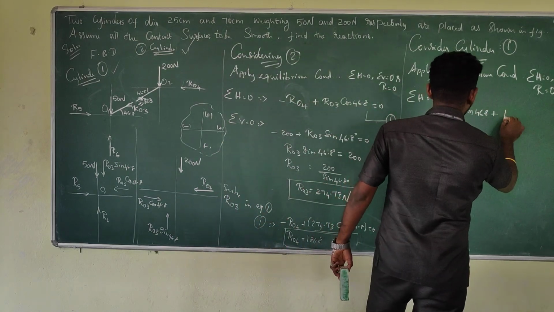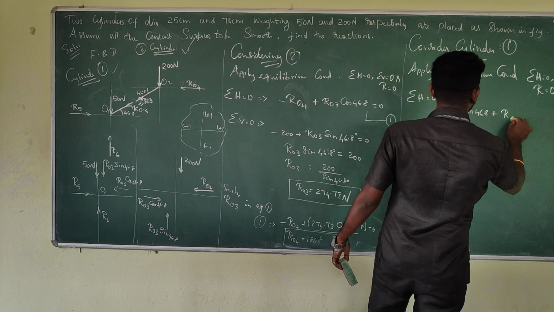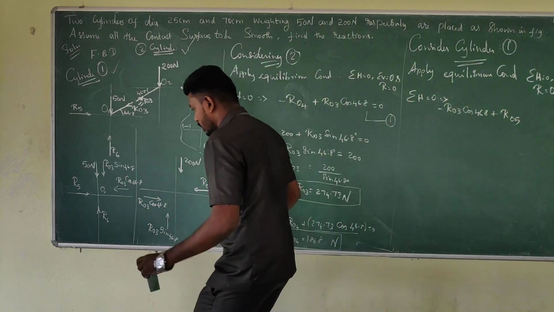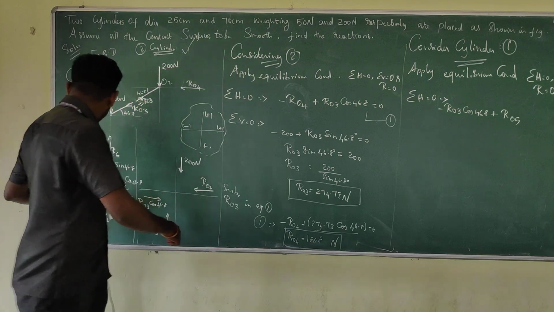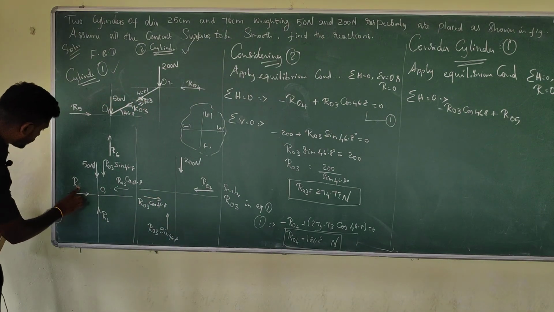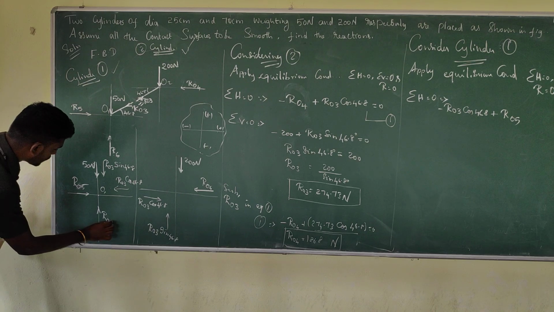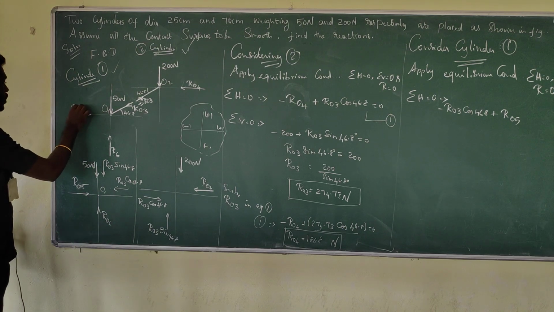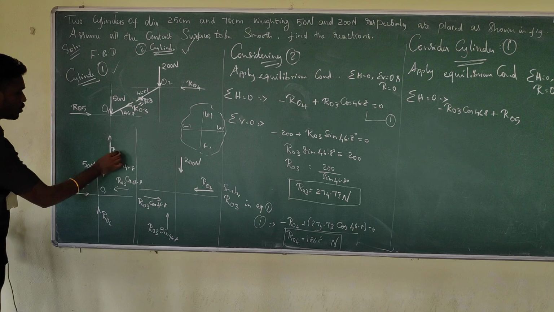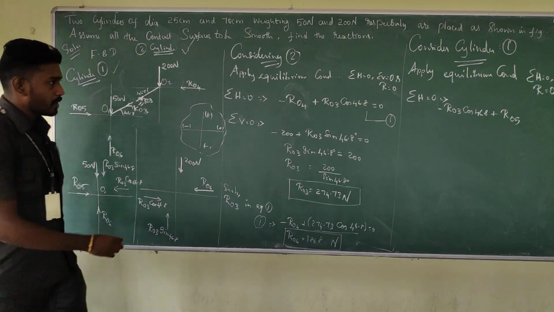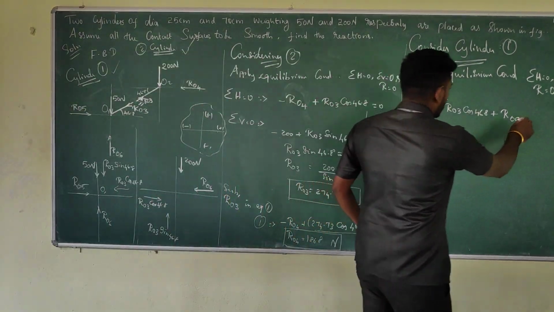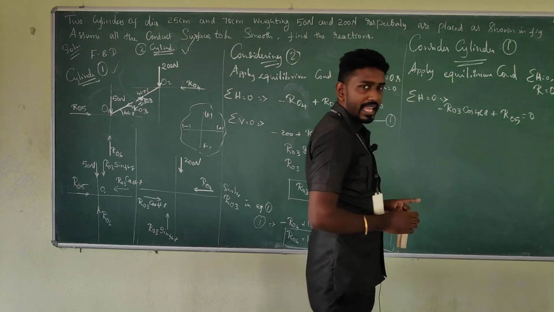So here it is not R5, it is RO5. We can denote it as RO5. This is RO6, RO5, and here it is RO6. Equal to 0 as per the equilibrium condition.